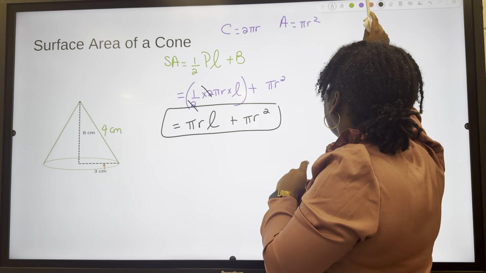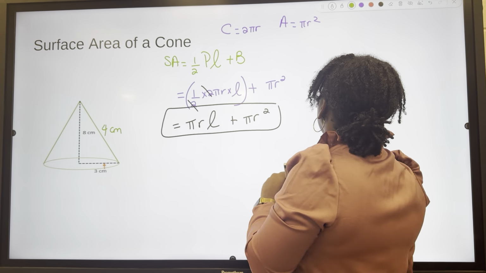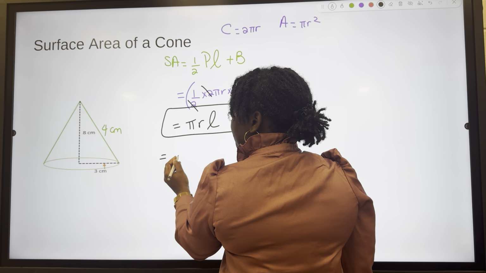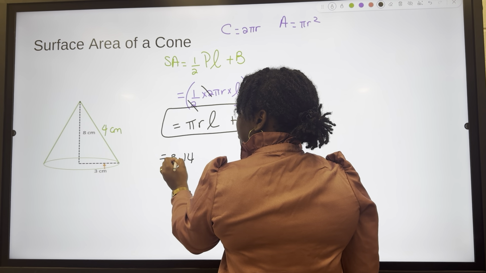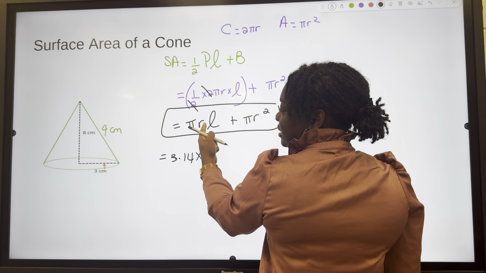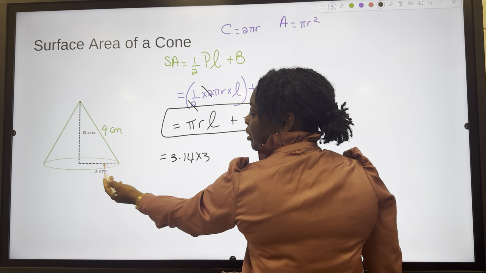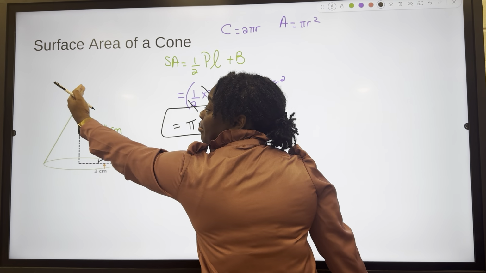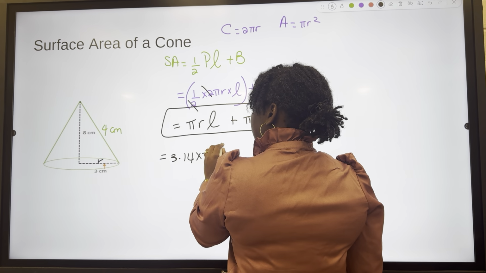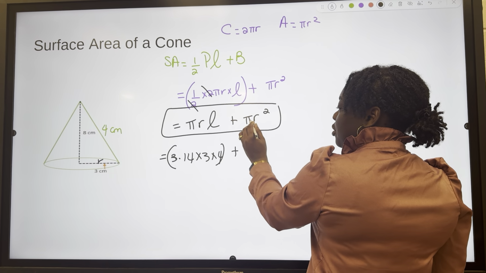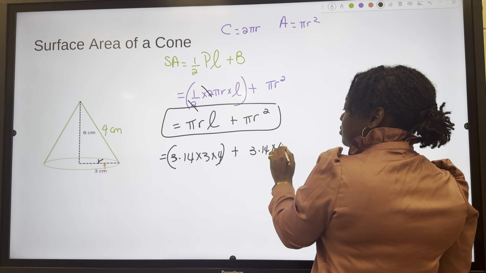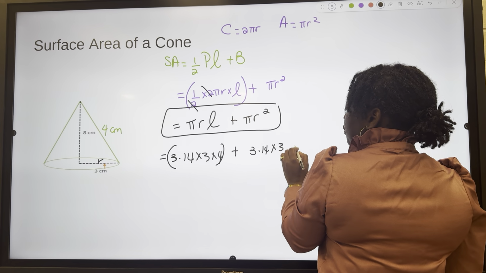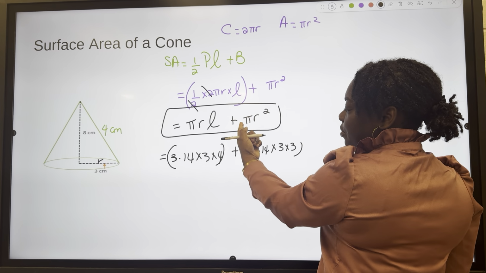So let's go right into finding the area of this cone. Let's use a different color. My pi is 3.14 times, what's my r? In this case, it's 3, my radius right there, times my slant height and not my vertical height, so my slant height is 4, plus 3.14 times my radius, which is 3 times 3, 3 squared.